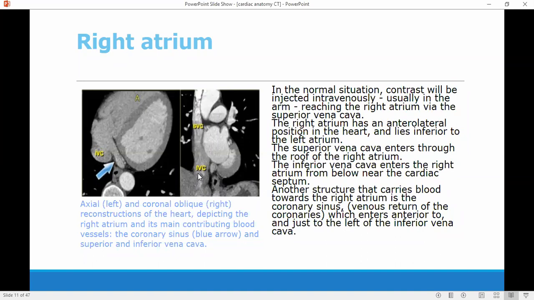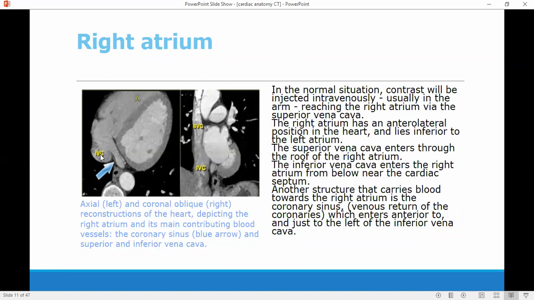Another structure that carries the blood towards the right atrium is the coronary sinus, the venous return of the coronaries, which enters anterior to and just to the left of the inferior vena cava. تقريبا هنا الcoronary sinus.